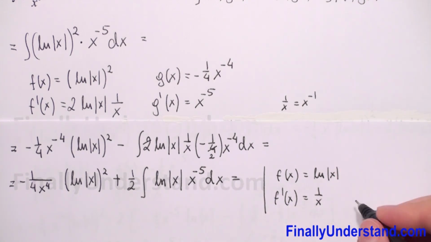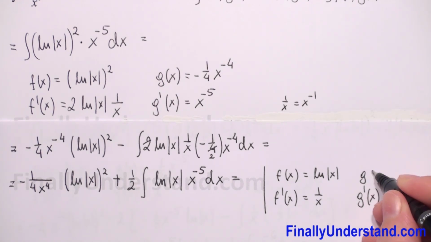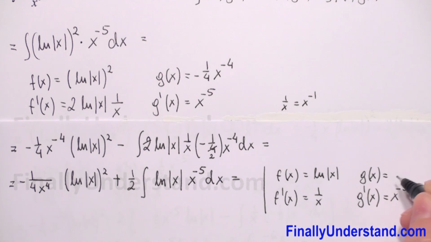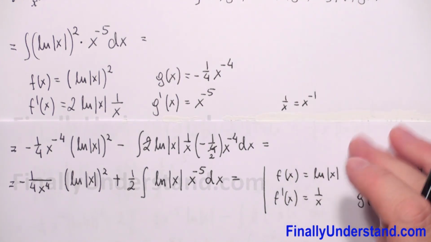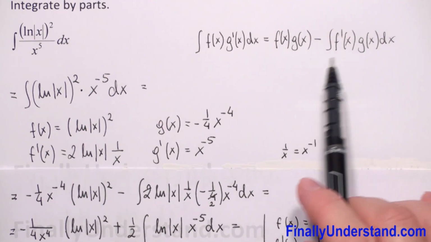Whatever is left is our g prime of x, equal to x to the negative fifth power. So our g is equal to negative 1 over 4 x to the power negative 4. One more time we will use the formula for integration by parts.